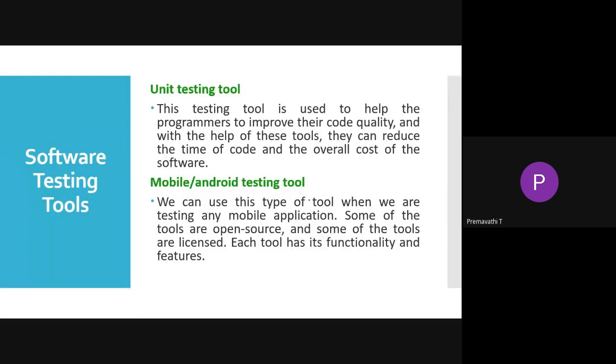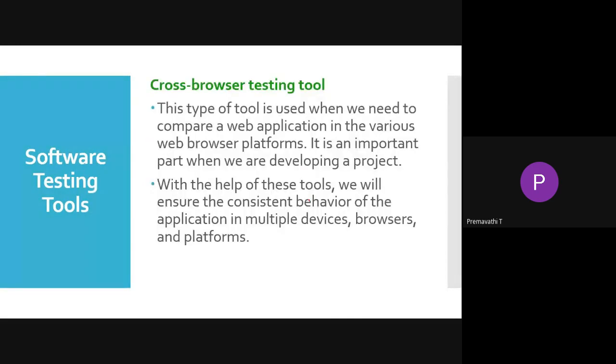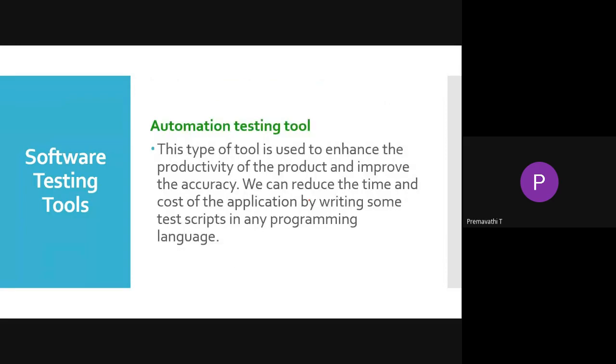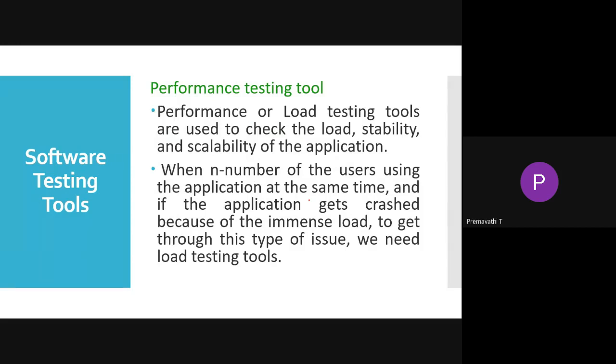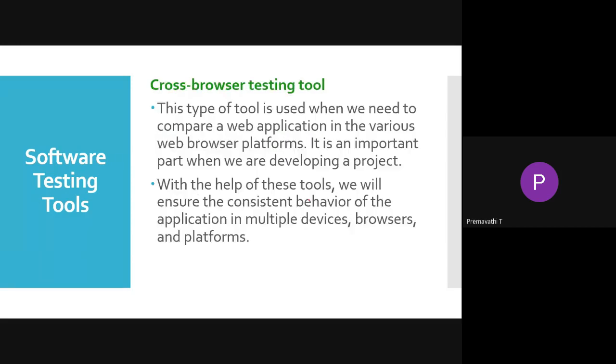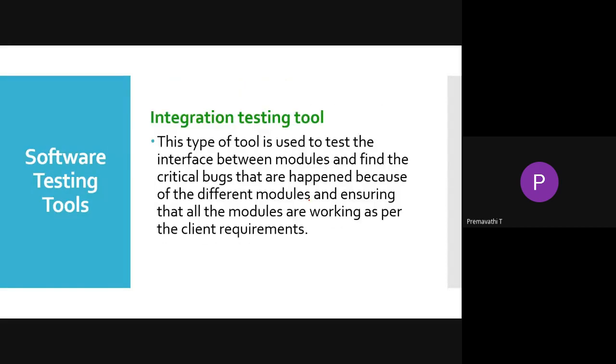So these are all the kinds of software testing tools. First, the automation testing tool. Second, the performance testing tool. The third one is the cross-browser testing tool. These are the testing tools we have to choose according to our application.